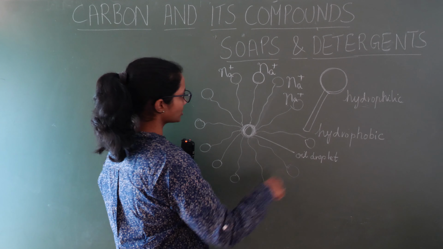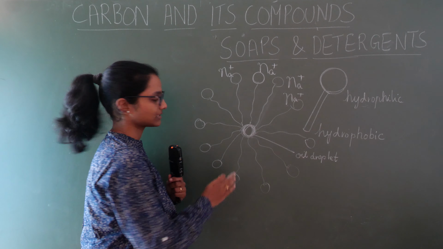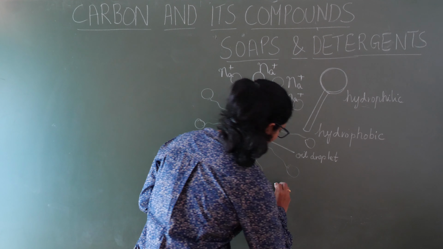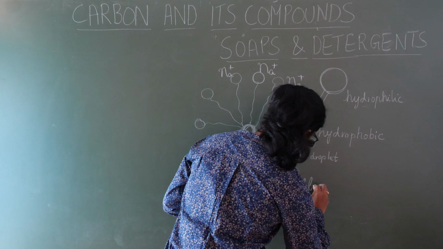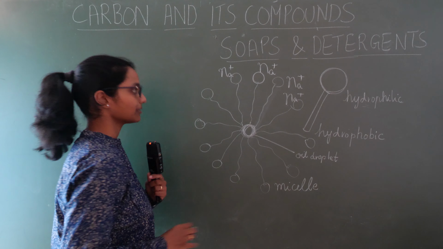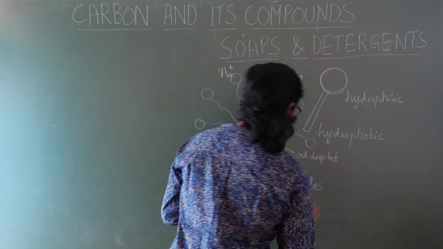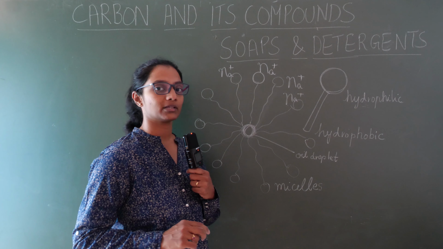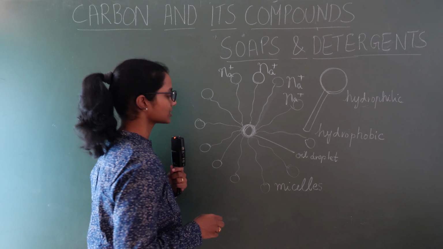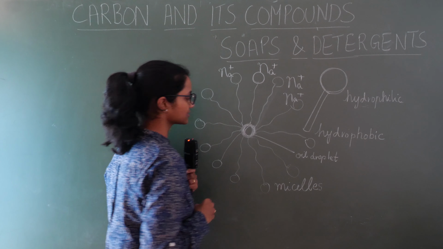All these molecules of soap which come together and form this structure, it is called a micelle, and many of these structures that are formed are micelles. That is how the dirt can be washed away. The dirt is nothing but the oil stains.